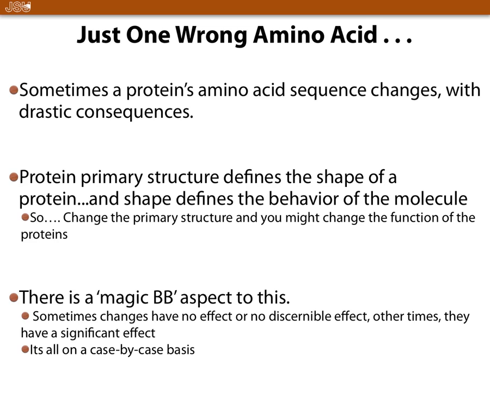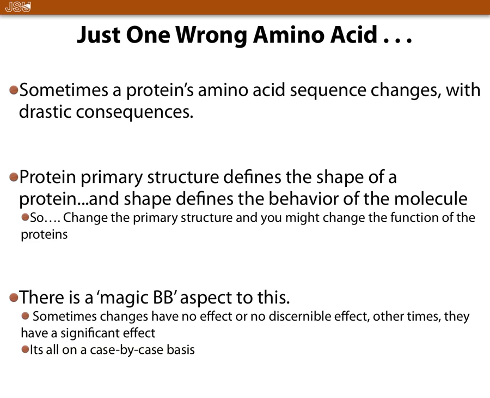Now, the point I'm trying to make here, and you don't need to know all these examples, it's just a point I'm trying to make. You change one base. Okay, that's all you change. One base.